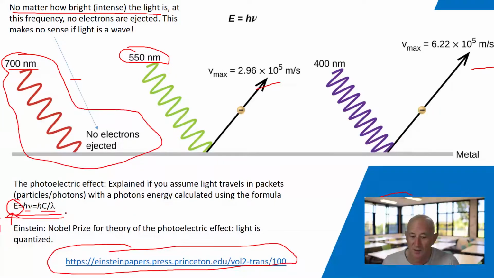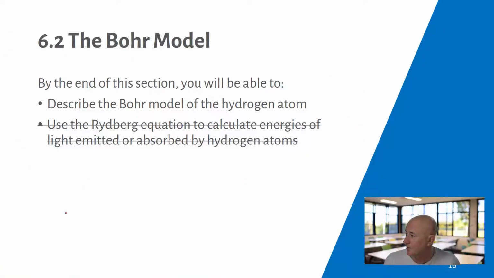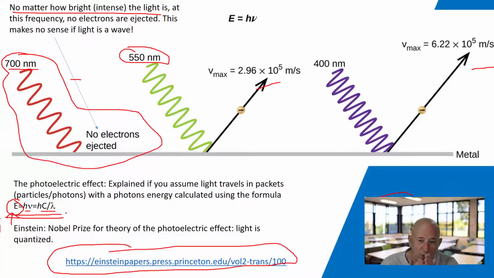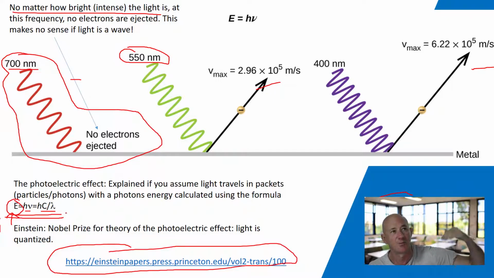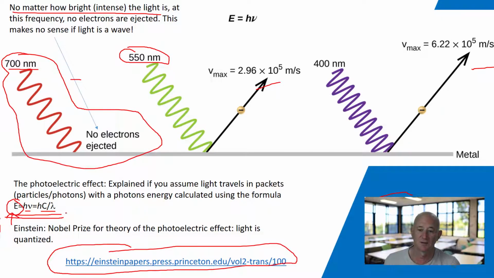Okay, so in summary, we're now starting to get some pretty odd ideas. One is that electrons seem to be sitting in these quantized energy levels, and that light seems to have almost this dual behavior associated with it.